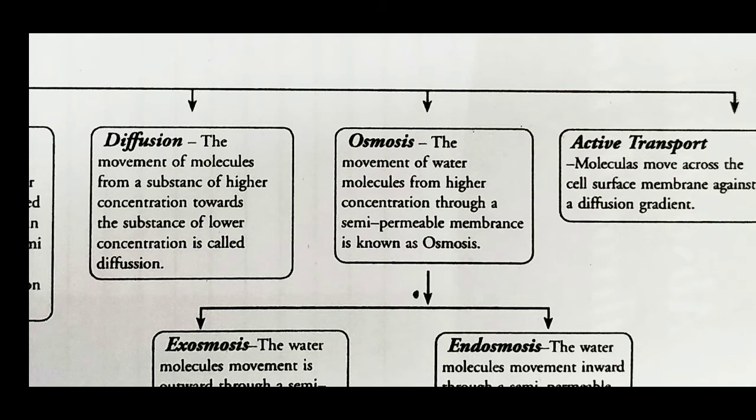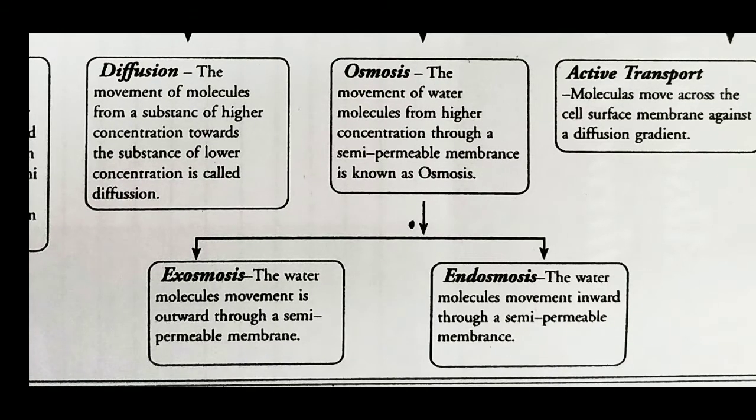Osmosis is also of two types. One is exosmosis. It is the movement of molecules outward through a semi-permeable membrane, and the other is endosmosis. In exosmosis, the molecules are moving outside from a cell body through a semi-permeable membrane.